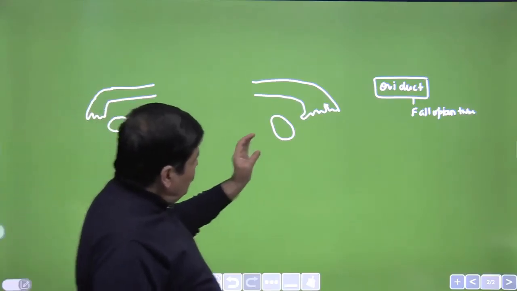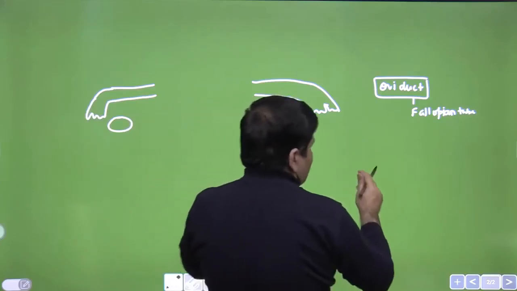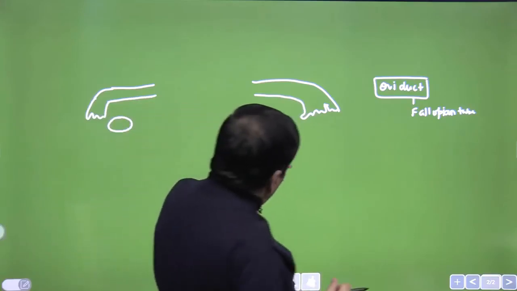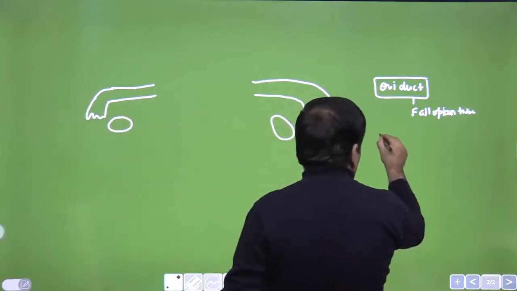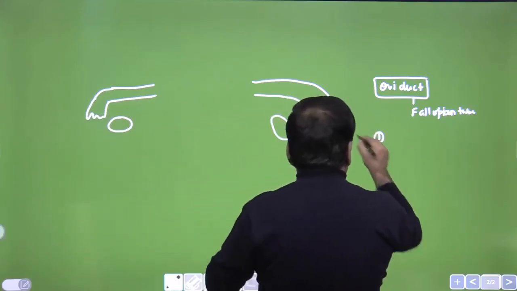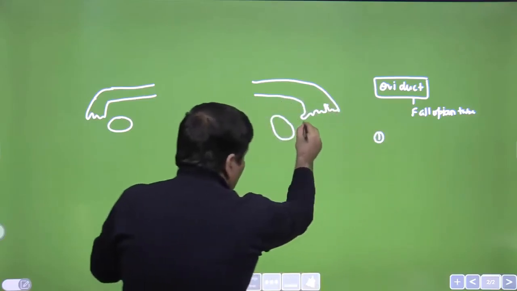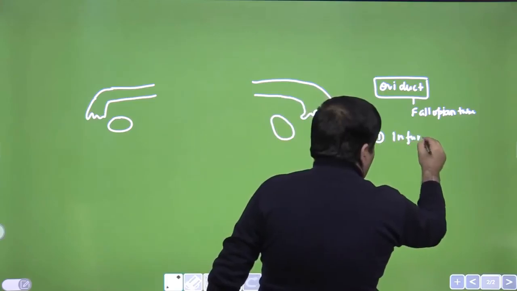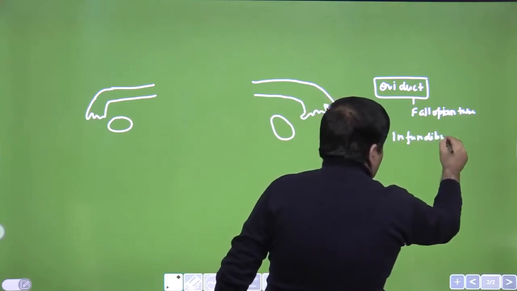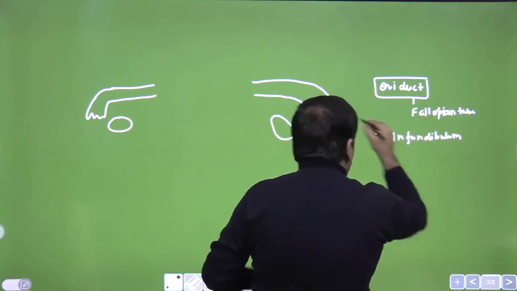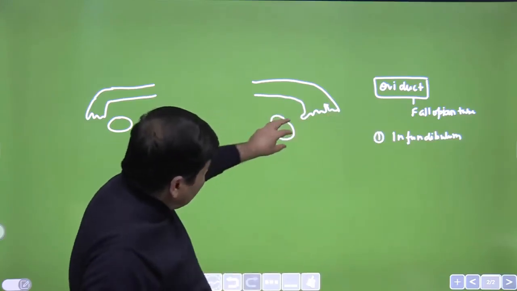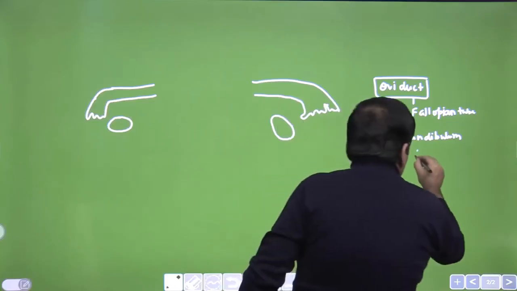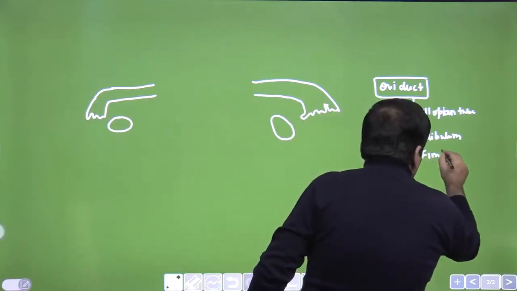This fallopian tube is around 12 to 13 centimeters in length, and it has various parts. Number one, the part very near to the ovary is called the infundibulum, and at its end near the ovary it has finger-like projections called the fimbriae.